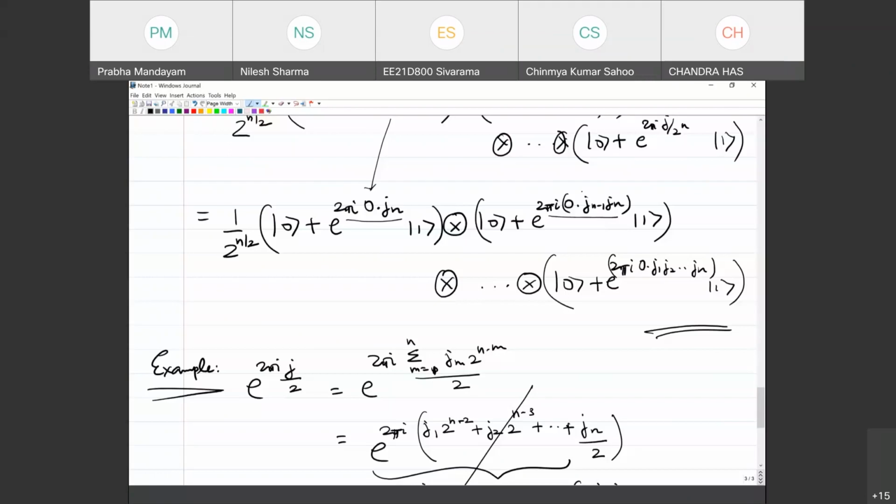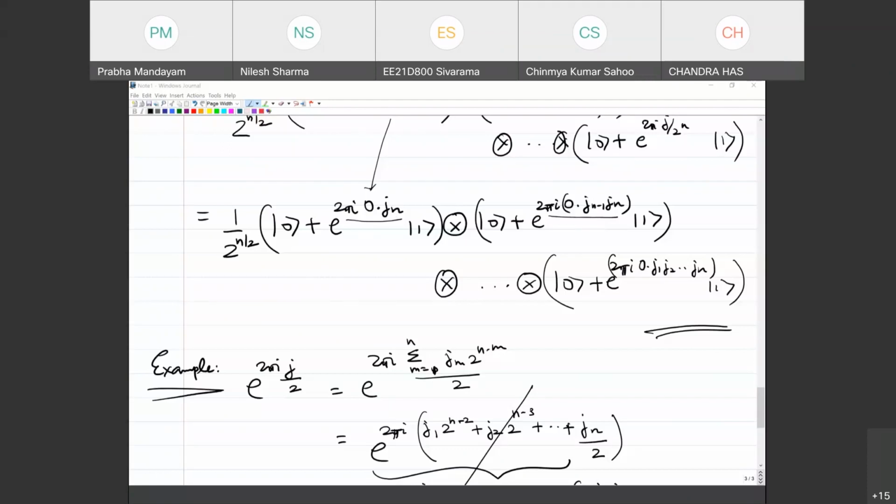right? Because it's only when I have jn by 2, and then in particular that jn bit should be what? If it is 0, again there is no phase. If it is 1, then I have a pi by 2, e to the i pi by 2. And that is when I have basically the Hadamard gate, right?